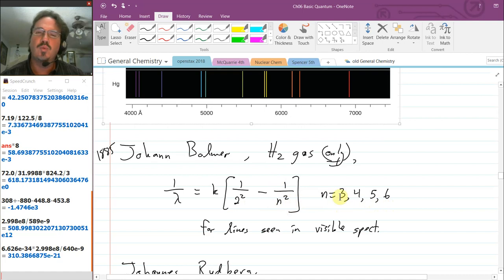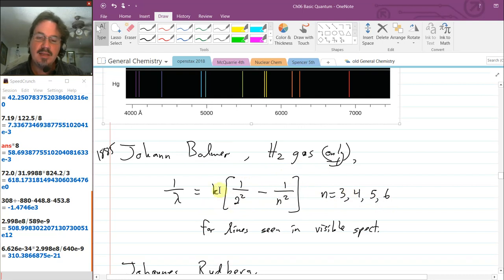Again, not sure just why it would have started at 3, but he found it worked. If he used those numbers, it predicted the right wavelengths of that light. But notice here, this is a 2. It's kind of like maybe there's a 1. 1 squared would just be 1 here, but 2 squared, and then we start at 3. Put a 3 squared, 4 squared. So there's something to this, although again, maybe he didn't understand exactly what yet.